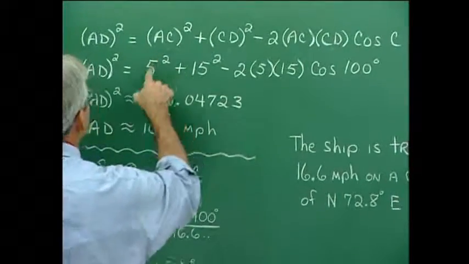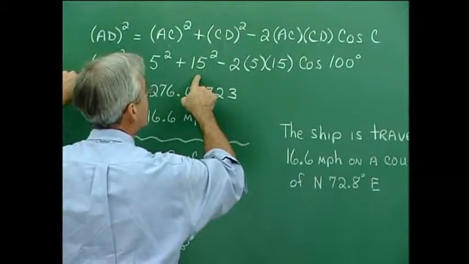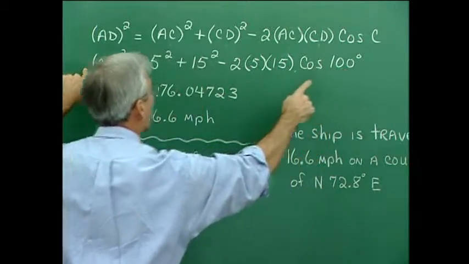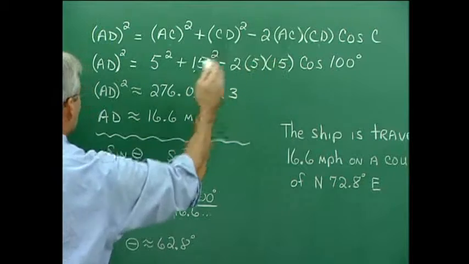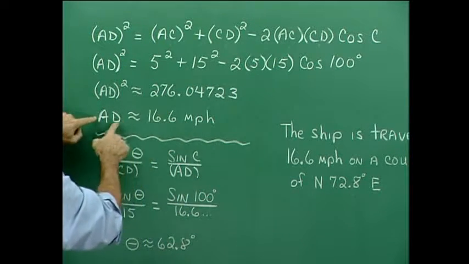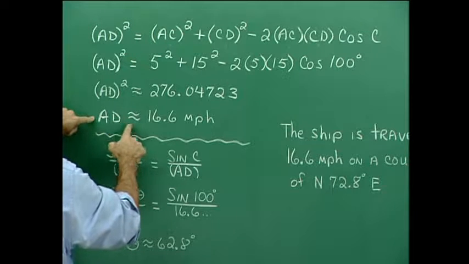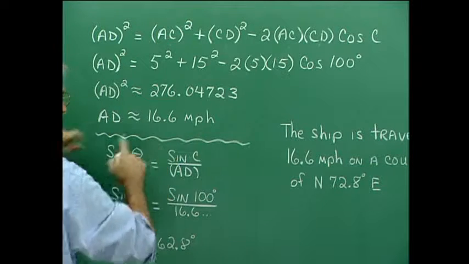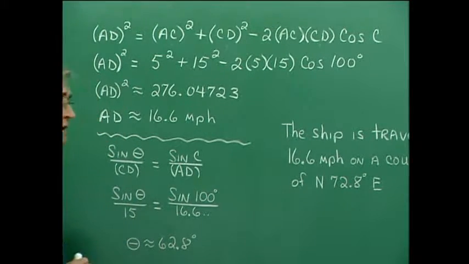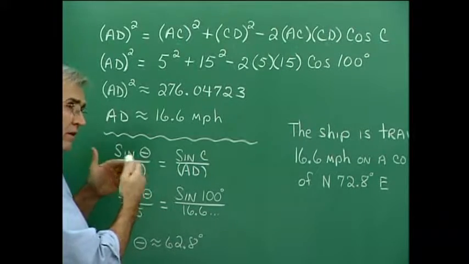So AC turned out to be 5, CD 15, and we have cosine 100 degrees. We punch our calculator, we find AD squared to be this value, and then the square root of this we find to be approximately 16.6 miles per hour. So that's the magnitude corresponding with the ship.